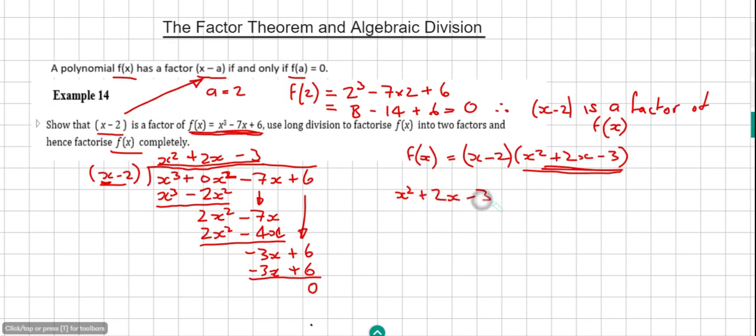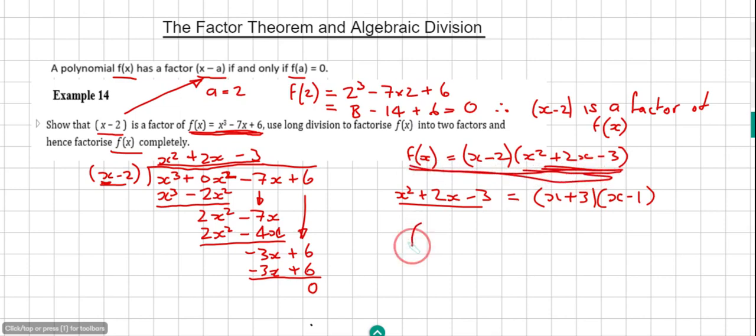We could write x squared plus 2x minus 3 in 2 brackets as x and x, and then we would have a plus 3 and a minus 1. So because we can write this quadratic as 2 brackets multiplied together, we can then replace this in the function as it's written above.